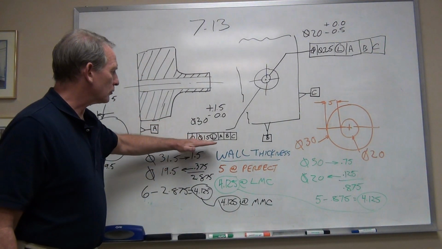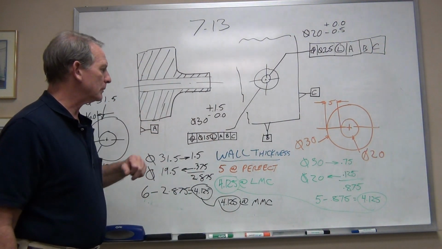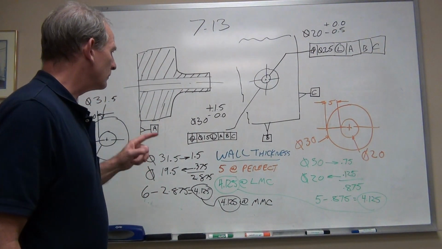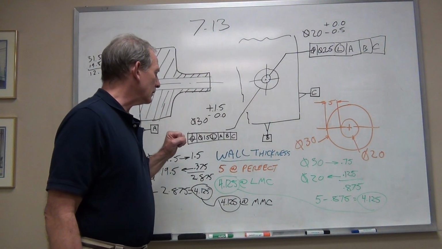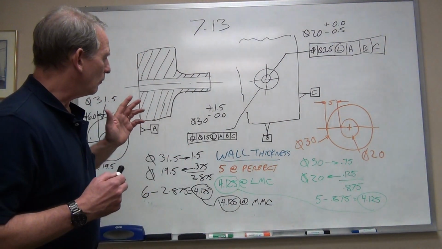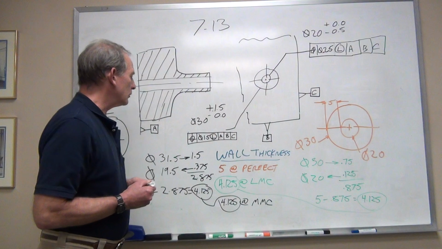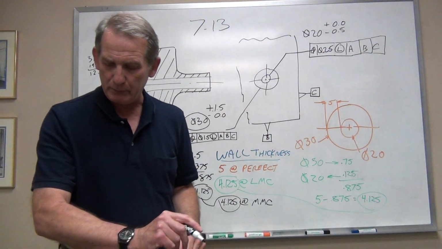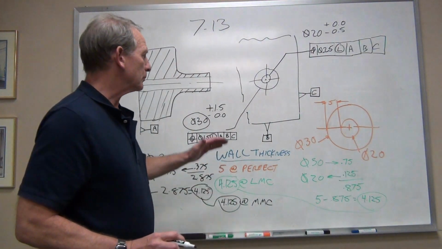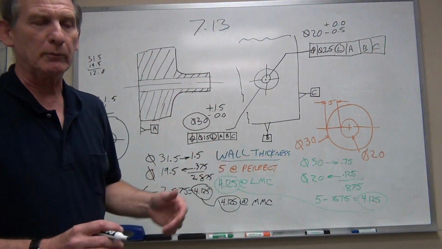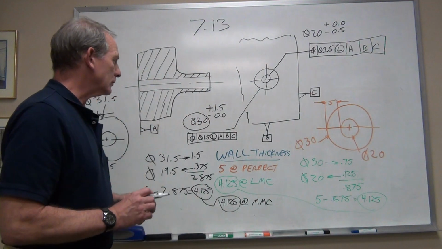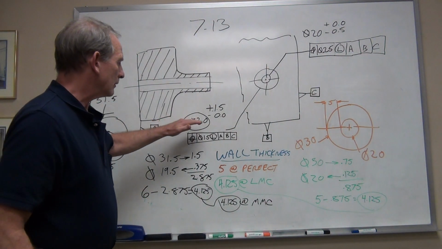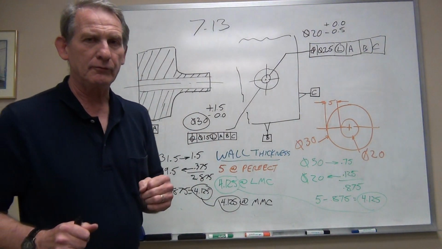And the positional control is at least material condition. We have a 1.5 millimeter diameter tolerance zone at least material condition. In other words, at least material condition, which is 30 millimeters, that is the smallest that boss can be, because the tolerance says you can only go up from there. So the dimension is stated at least material condition, and at least material condition we have a 1.5 tolerance.